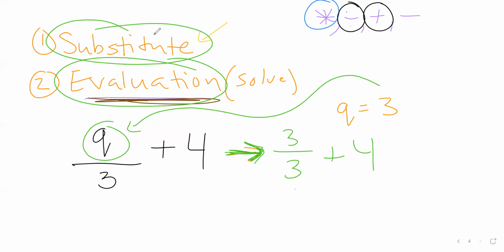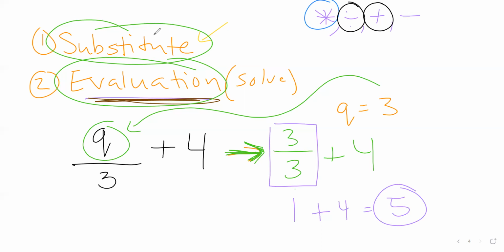Well, according to our order of operations, which we're going to talk about more, I need to make sure I take care of this division first. And so 3 divided by 3 is equal to 1. And then 1 plus 4 is equal to 5. So if I evaluate Q divided by 3 plus 4, where Q equals 3, my answer is 5. Listen to me say that again because it sounds so fancy, but really this math isn't.